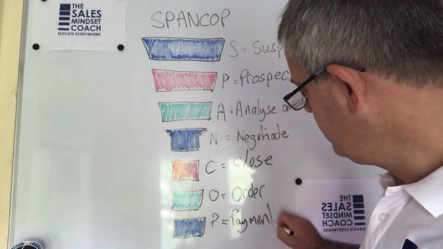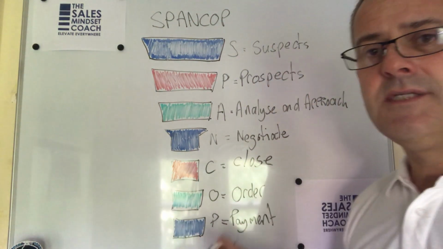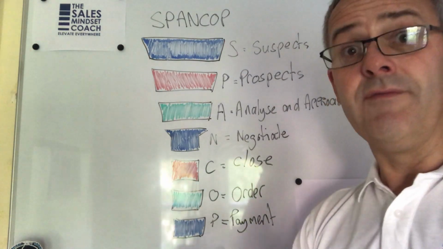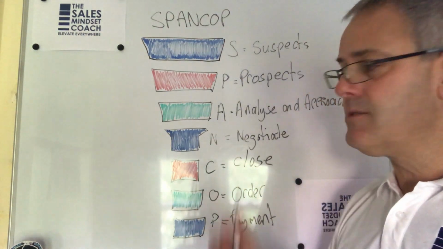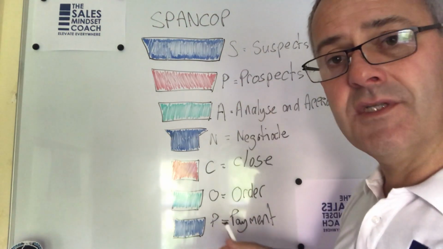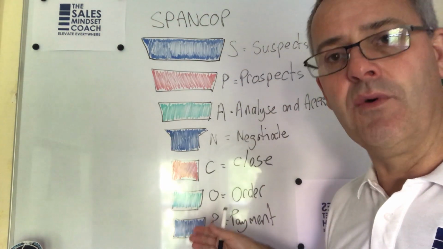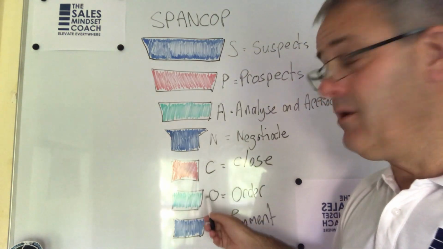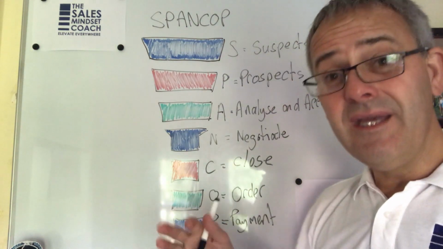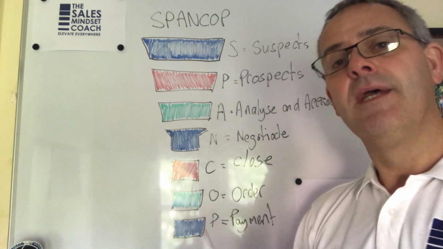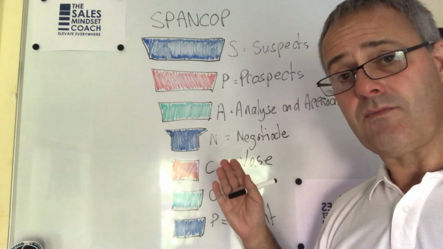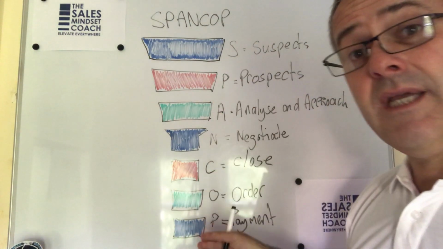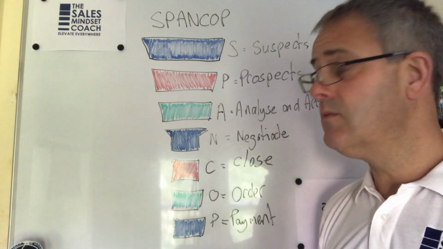And again, this is what I said. Sometimes this is not as relevant in some markets. I mean, obviously getting your money in is, but it's whether it actually forms part of your sales process or whether this is just a bit more automated, right? O and P, or even close, the C, the O and the P can be aggregated together. So this is one method, but one that I really have subscribed to over the years and works well.